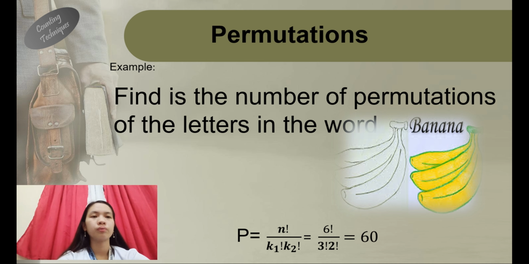So 6 factorial is equal to 6 times 5 times 4 times 3 times 2 times 1. Then, on the denominator, the 3 factorial, 3 times 2 times 1, times 2 times 1, which gives the answer of 60.